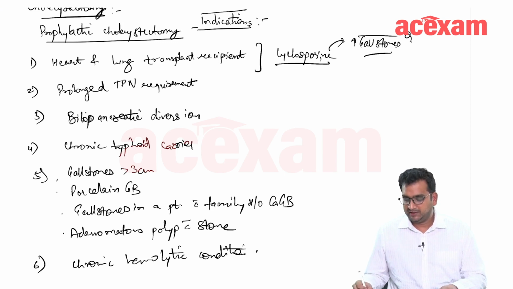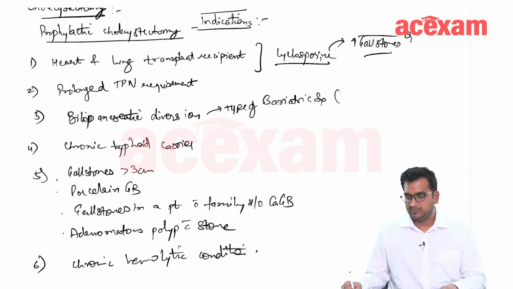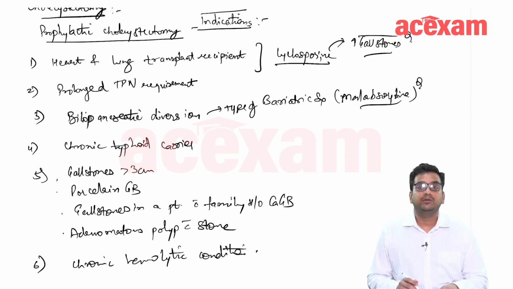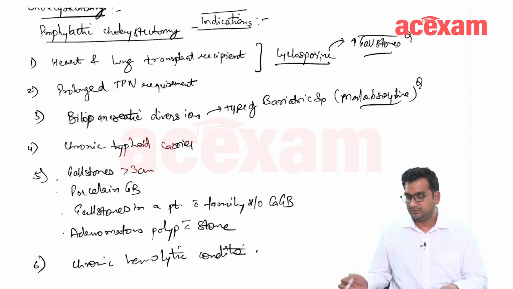The biliopancreatic diversion is a type of bariatric surgery or weight loss surgery and is a malabsorptive type of bariatric surgery. So this leads to malabsorption and there is formation of gallbladder stones. So that is why a prophylactic cholecystectomy is routinely added along with biliopancreatic diversion or BPD.